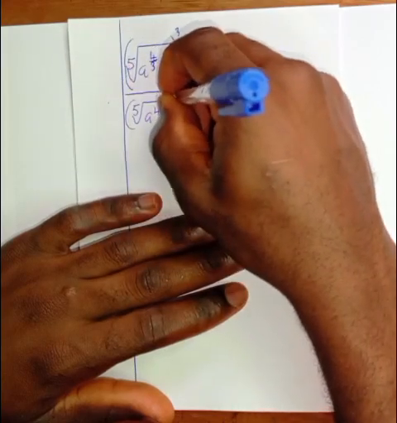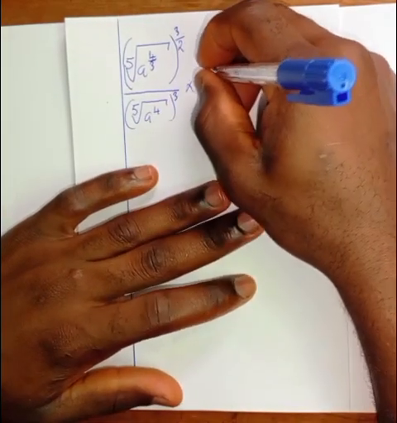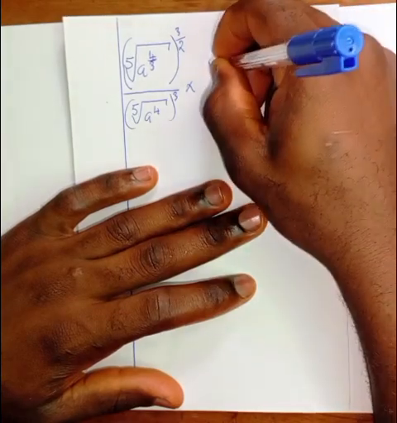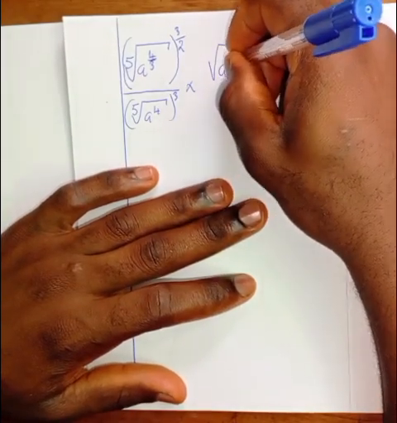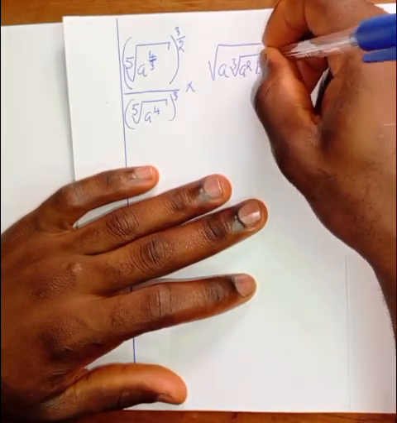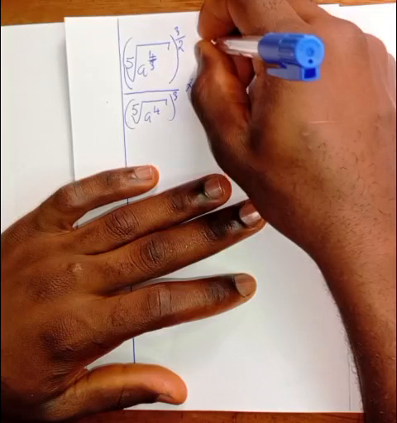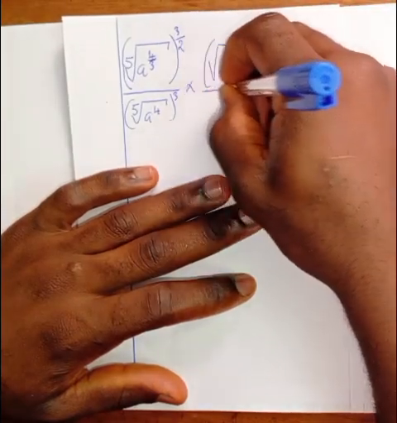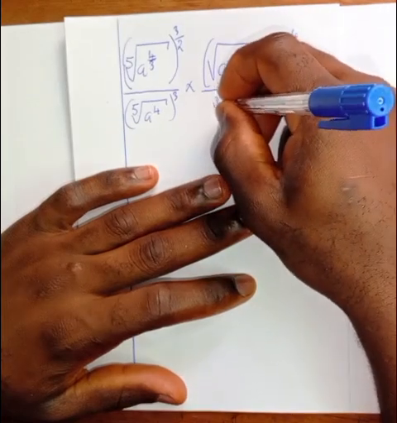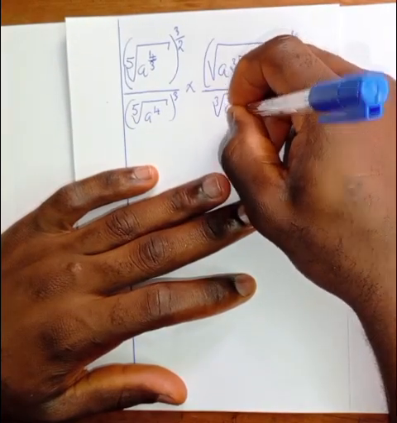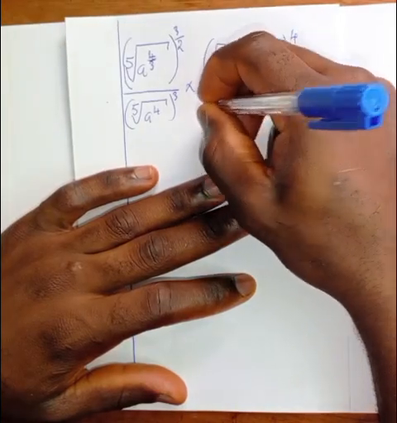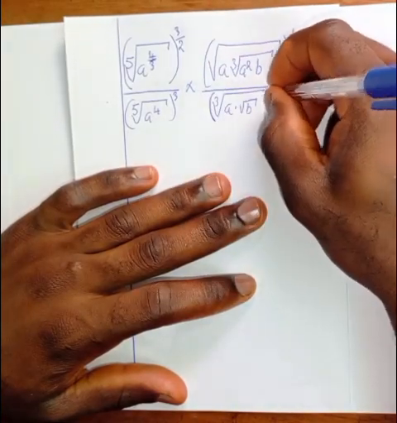All this cube times the square root of a times the cube root of a squared b, a squared times b, all this raised to the power 4 all over the cube root of a times the square root of b, all this raised to the power 6.